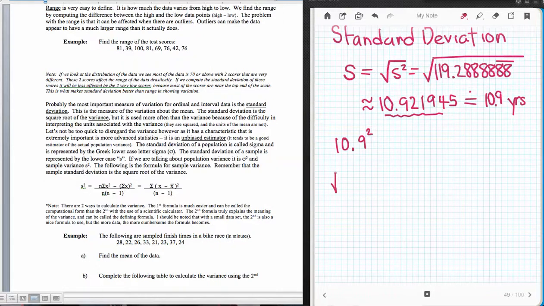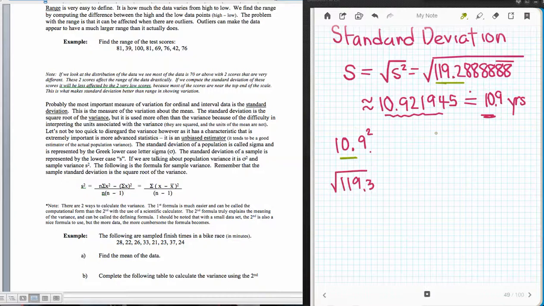And I'd like you to take the square root of 119.3. And then I want you to compare those two values, this one here back to this value here, and see what you get.